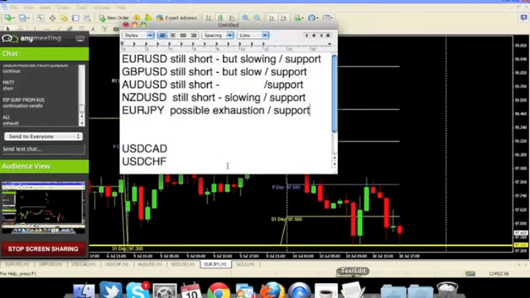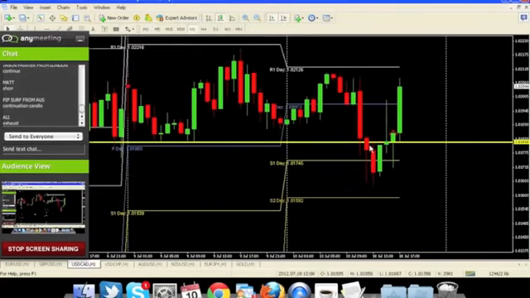Okay, going to our pairs that go opposite. US dollar CAD. US dollar CAD strongly long. Is there resistance here? Are we at resistance on US dollar CAD anywhere? No. Take a look. No pivot lines at the current market that we're at.